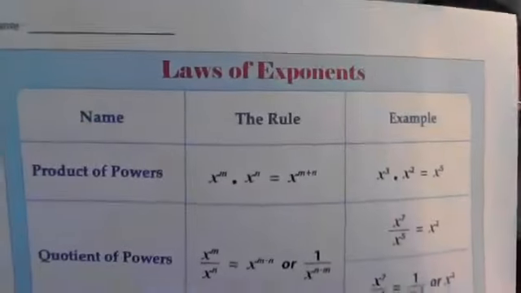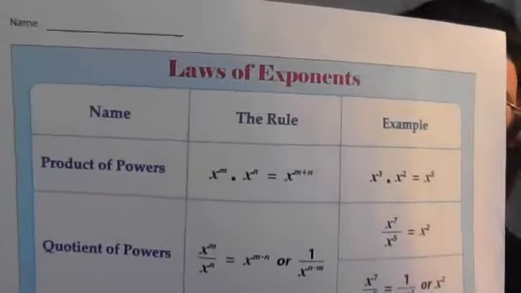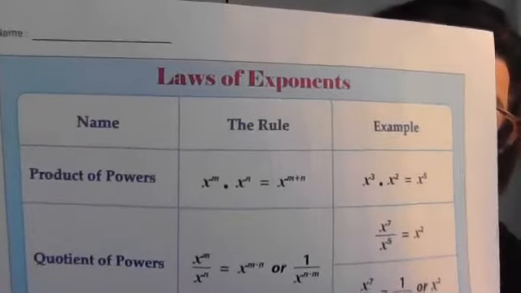I don't have the numbers written on mine, but it's the one that started with this, okay? It's this packet. You should be able to go all the way through. It talks about squares. It talks about expanded notation. And then it talks about the exponent rules for product, the exponent rules for quotient.